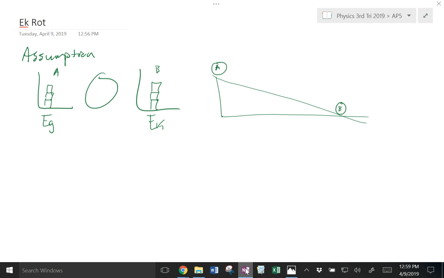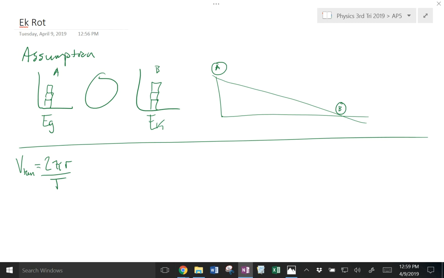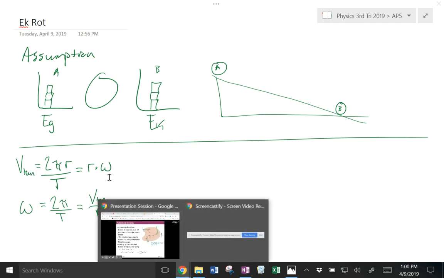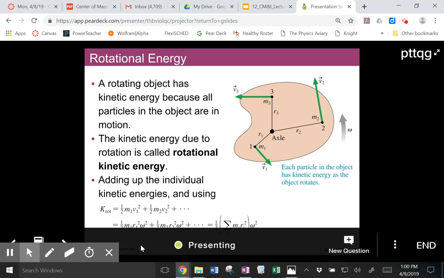If you recall from back in the day, V tan is 2 pi r over big T. Omega is 2 pi over big T. So V is just R multiplied by omega. Alternatively, omega is V tan over R. So where I have V tan squared, I'm going to drop in R squared omega squared.